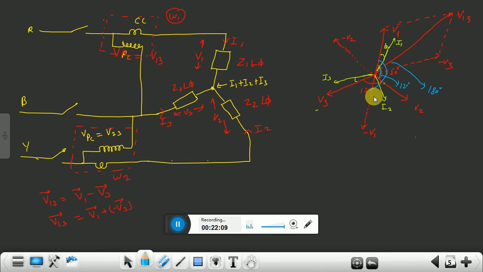Suppose we calculate the angle between minus V1 and V2: 180 minus 120, so this angle is 60 degrees. The angle between V1 and minus V3 is also 60 degrees.